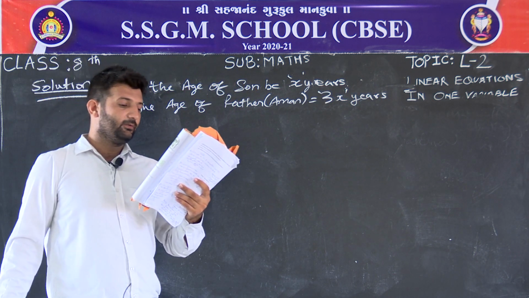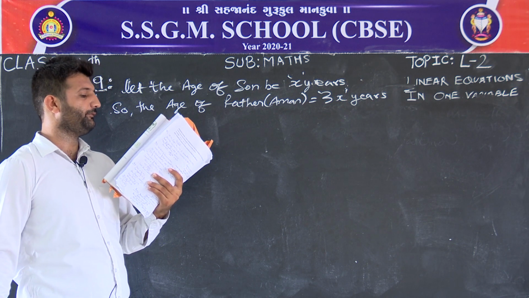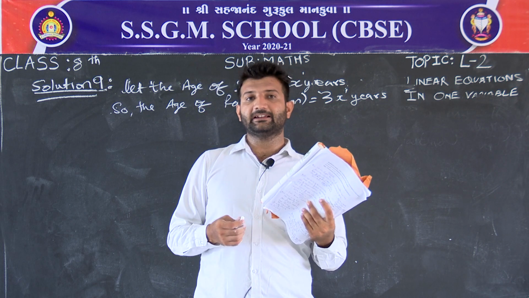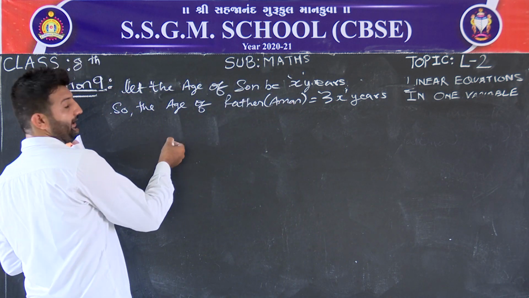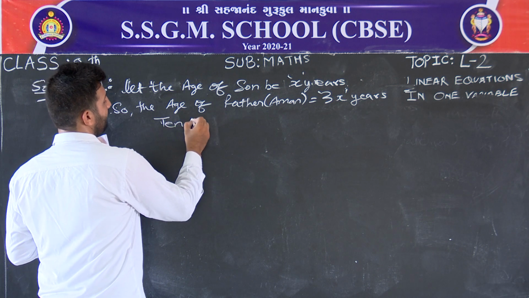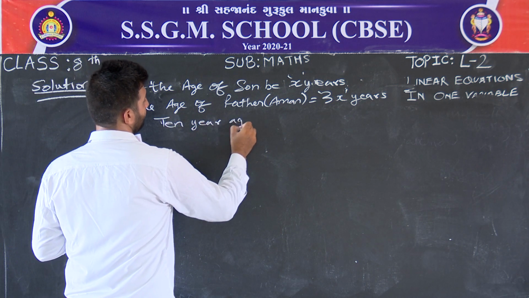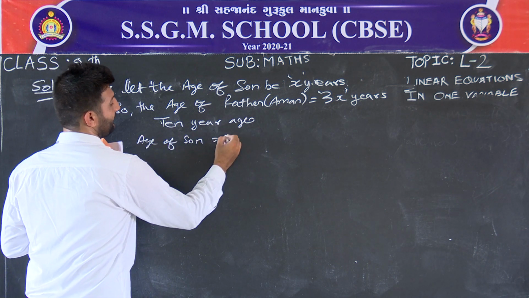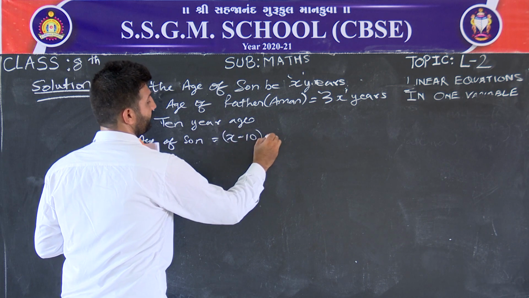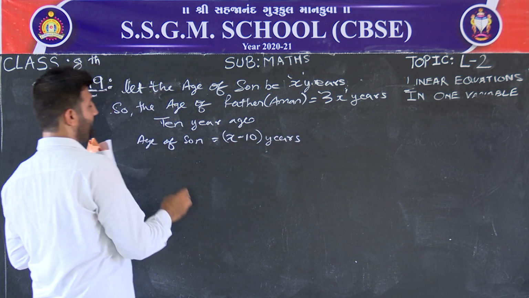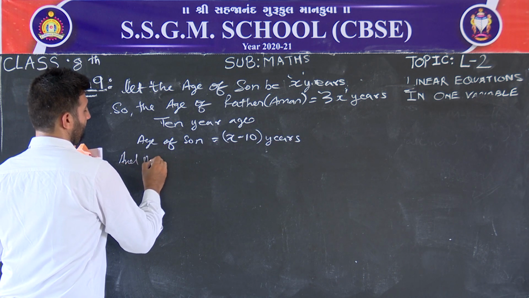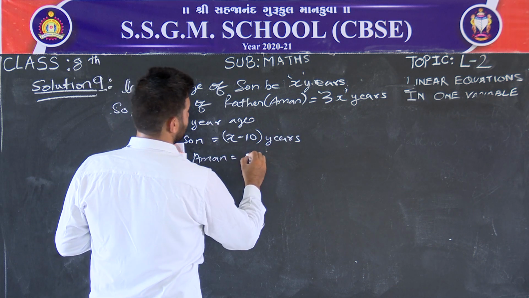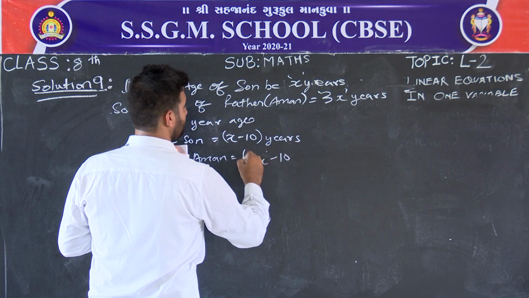So 10 years ago he was 5 times. First of all, the condition given is 10 years ago, so we have to subtract 10 years. 10 years ago, the age of the son will be x minus 10 years and the age of Aman will be 3x minus 10.